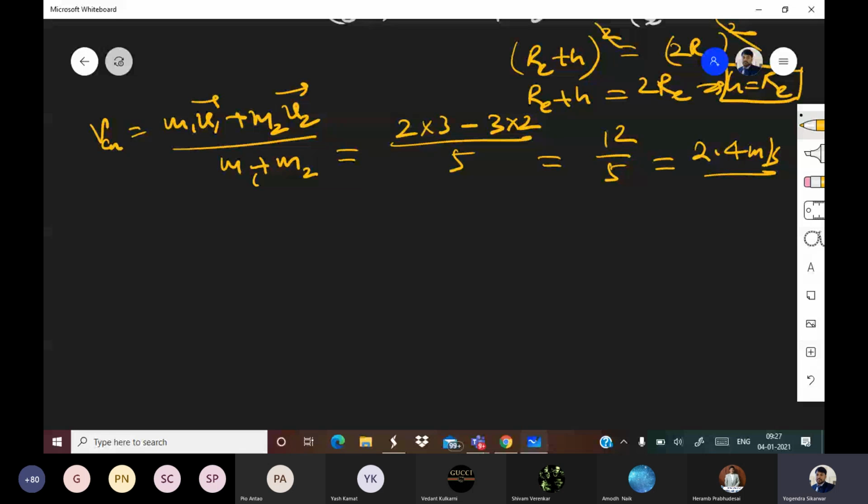That's why I have highlighted that place in blue color. Okay, Yash. Okay, next question.